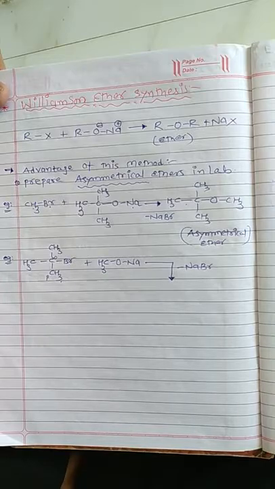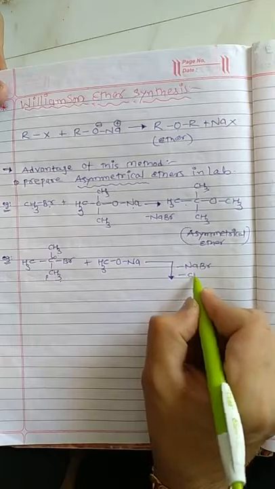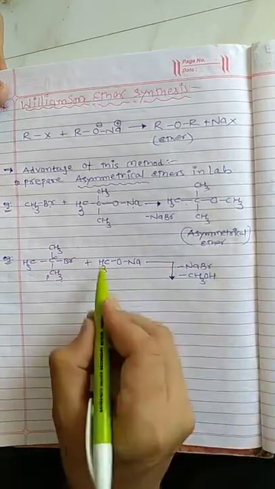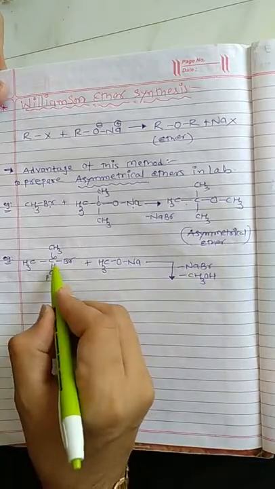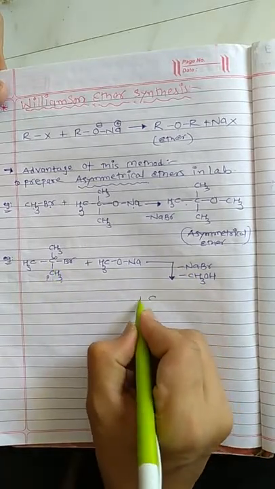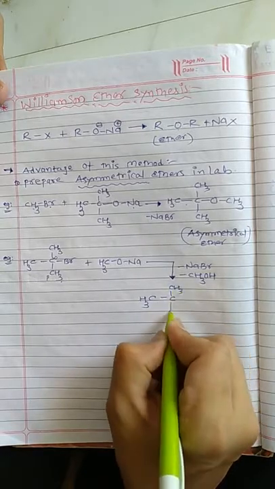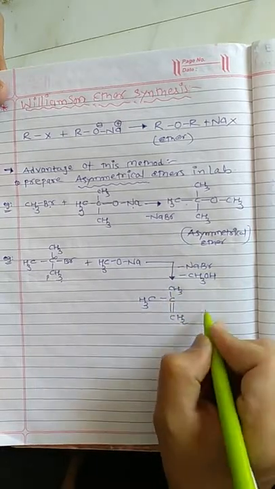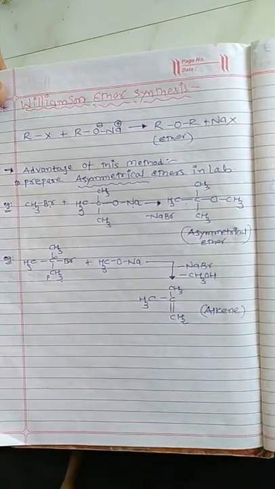So we have CH3O having this H, meaning minus CH3OH, and Br and Na, NaBr. With formation of a double bond over here, CH3, C, CH3 having a double bond CH2. So here we get alkene as a product.